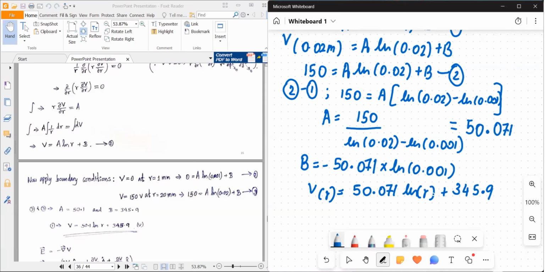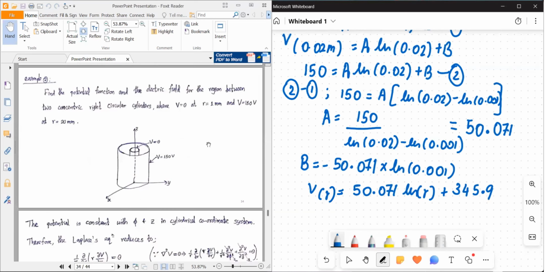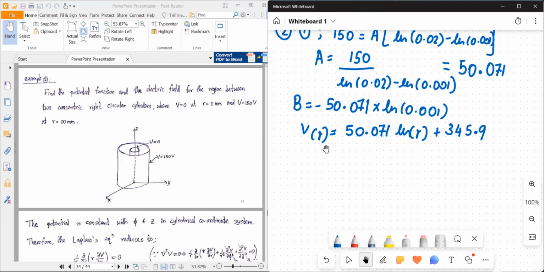So this is how the potential is going to vary along the radius between the inside cylinder and the outside cylinder. Then how can we calculate the electric field? To calculate the electric field, you can use E is equal to minus gradient of the electric potential.